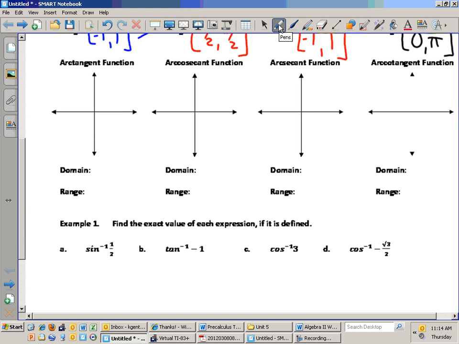Arctangent looks like this. Does that look kind of familiar? Just flipped upside down. What's the domain of that?